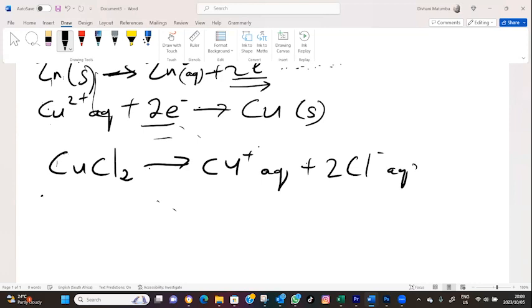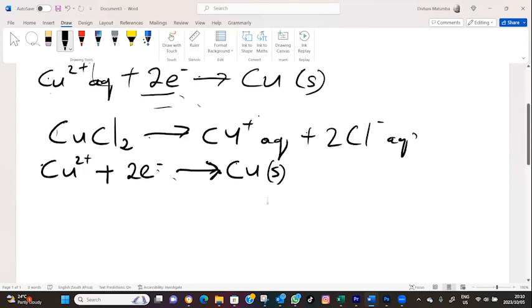We are expecting copper ions plus 2 electrons to go and form a solid copper. This is a valuable product, isn't it? It is. But I'm going to show you the reason why these equations are not spontaneous.